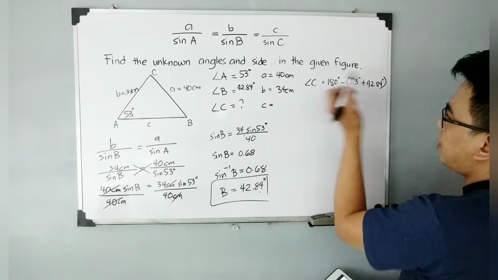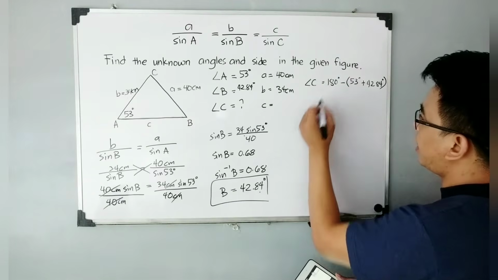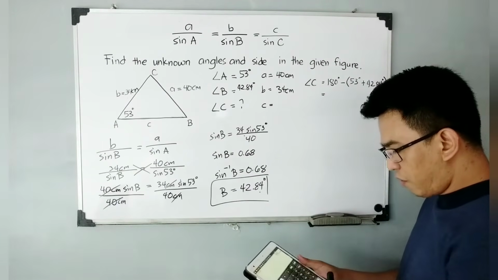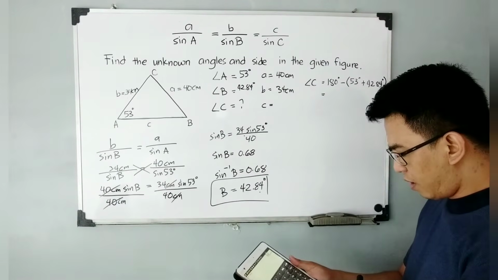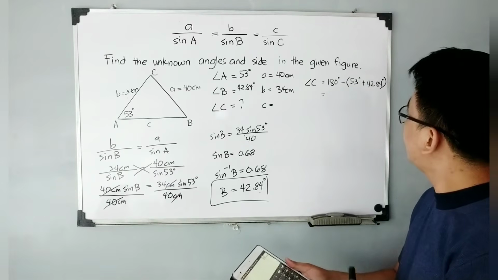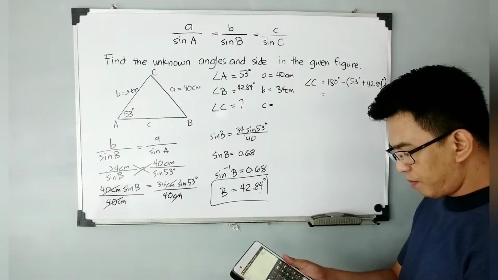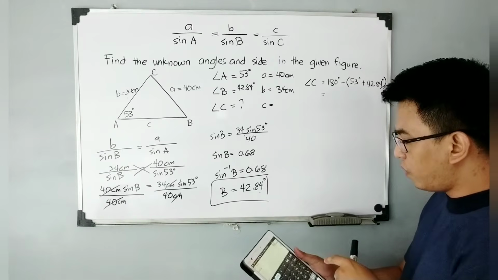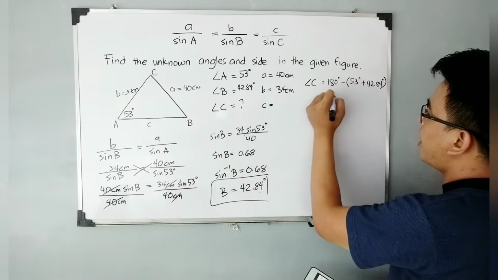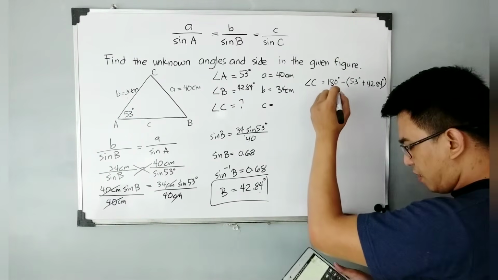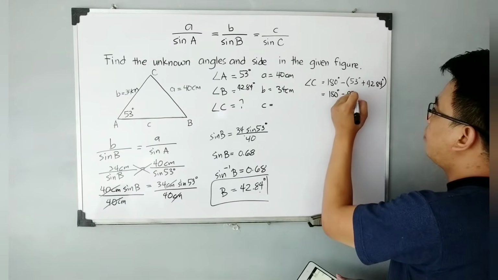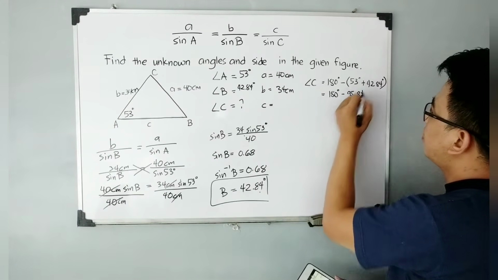I-add mo lang silang dalawa, tapos i-subtract mo from 180. 53 plus 42.84, that is equivalent to 95.84. So you have 180 degrees minus 95.84 degrees.